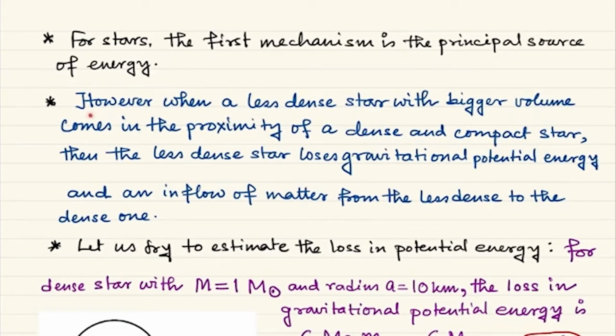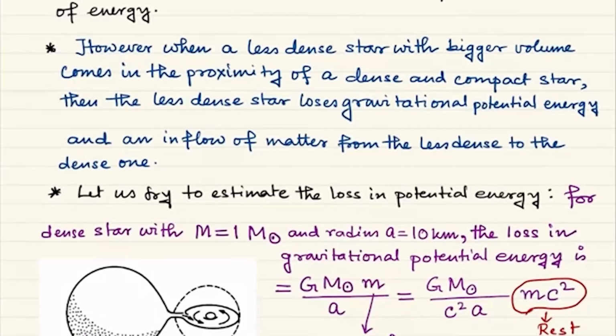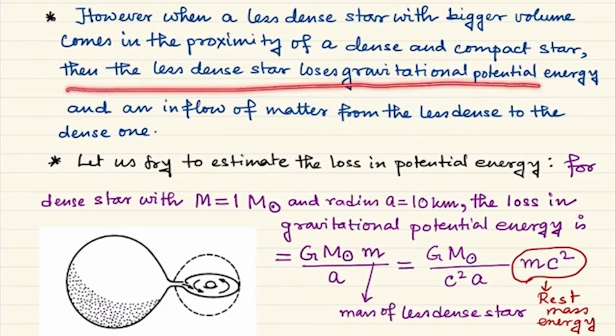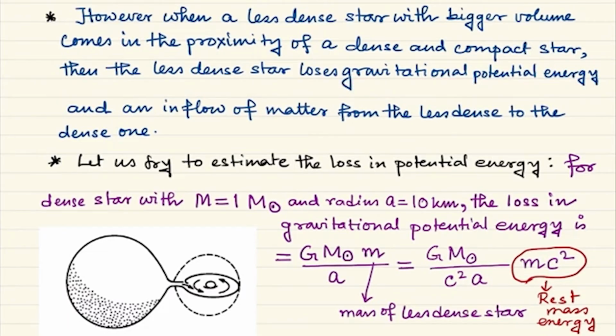But when a less dense star with bigger volume, now you can see in the picture, which is a good schematic, this is the less dense star but with bigger volume, comes in the proximity of a dense and compact star, this very small one, then the less dense star basically loses its gravitational potential energy.